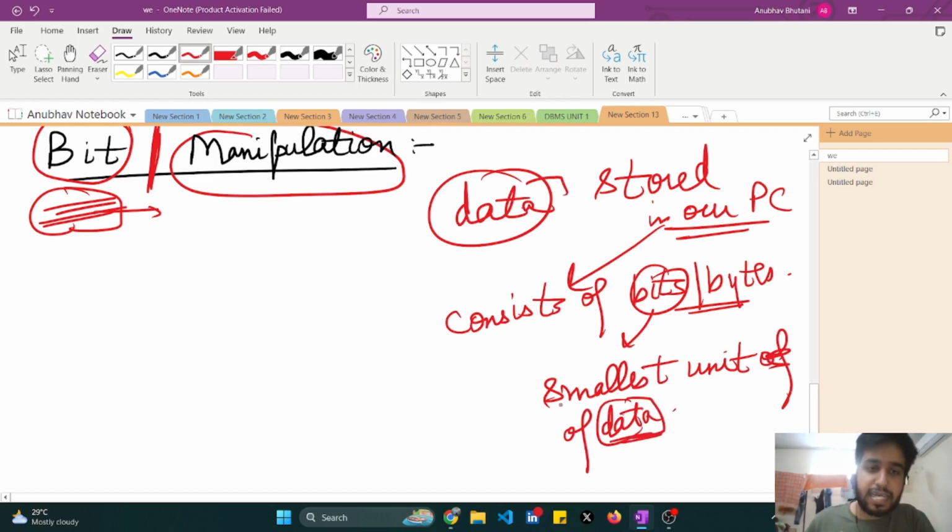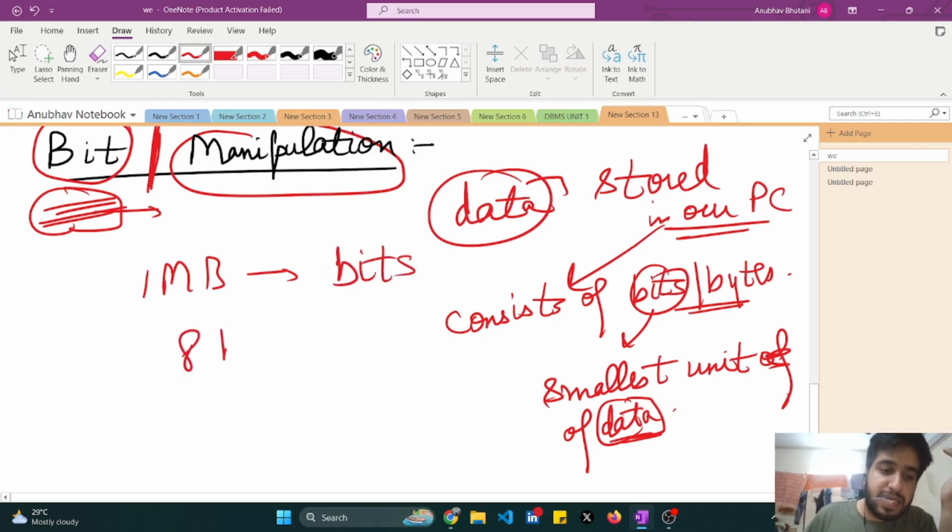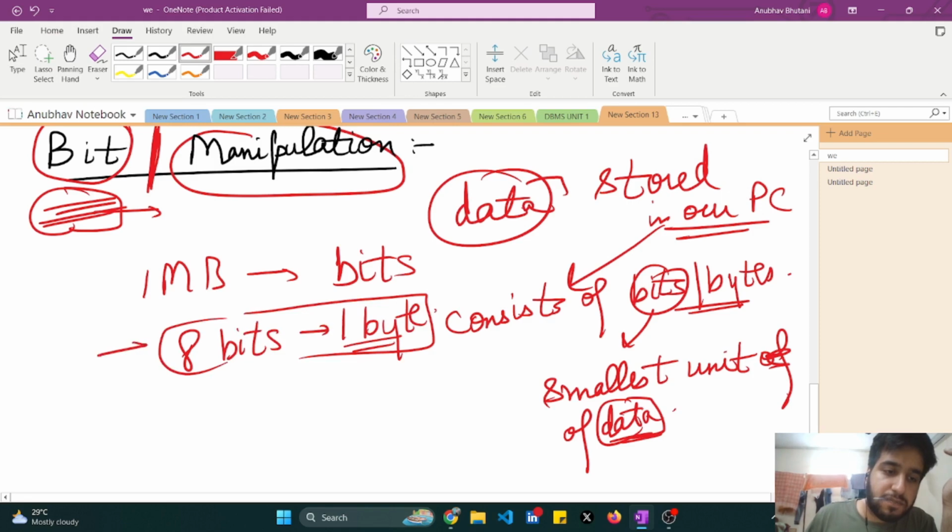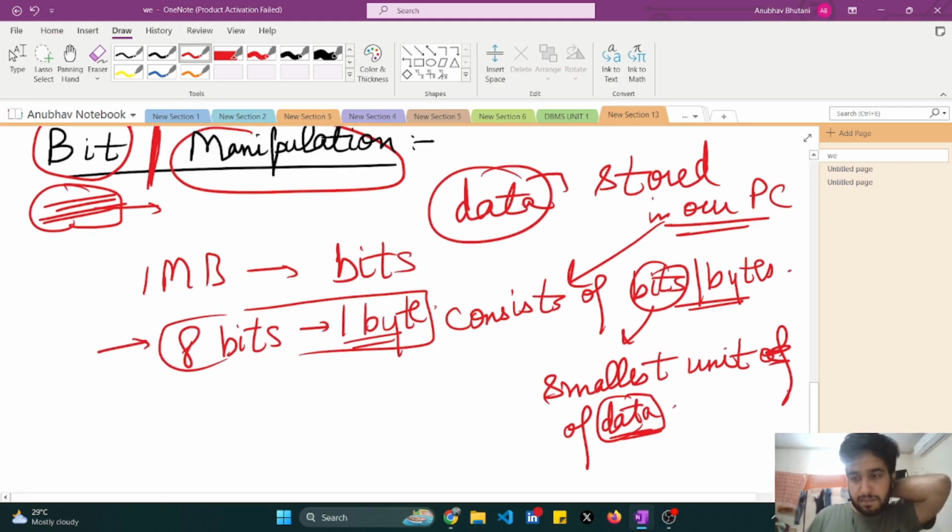Basically, it is not shown as bits; it is shown in MB. But if we break down an MB, it is eventually some kind of bits only, right? 8 bits compose 1 byte. So this was about what a bit is.